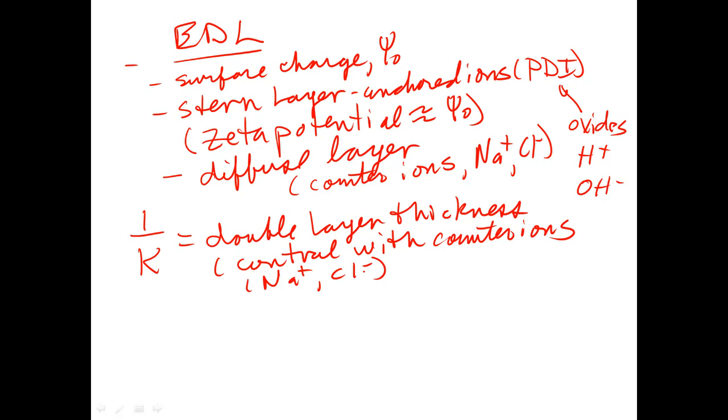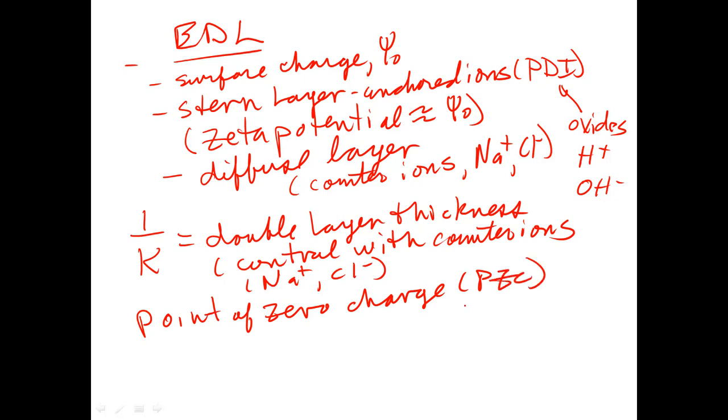So that's the other important concept, the point of zero charge, the so-called PZC for oxides. Typically we get an inverse S-shaped curve, and the point of zero charge is where there's a net neutral surface.